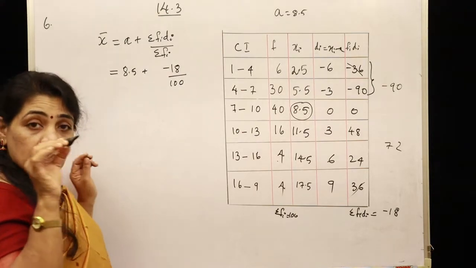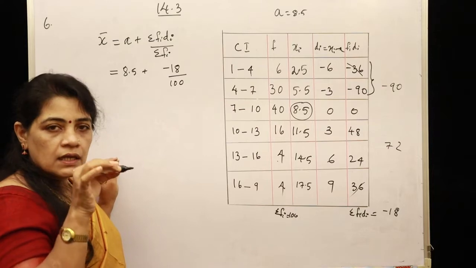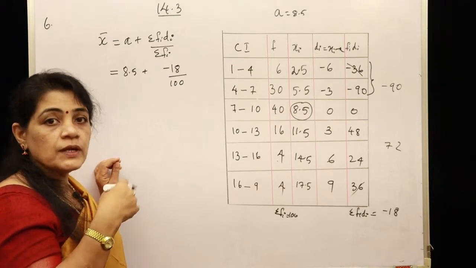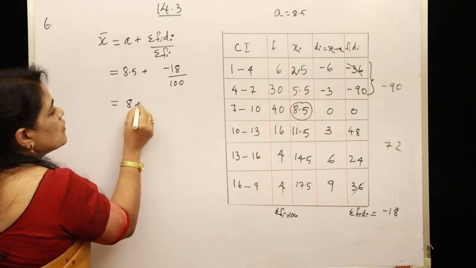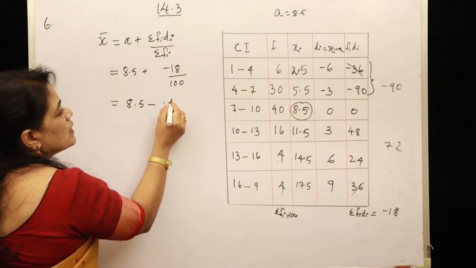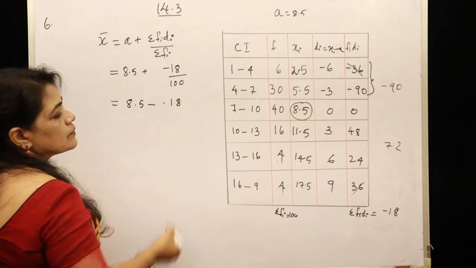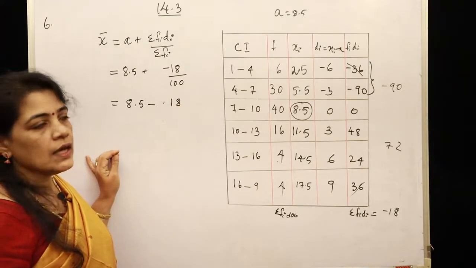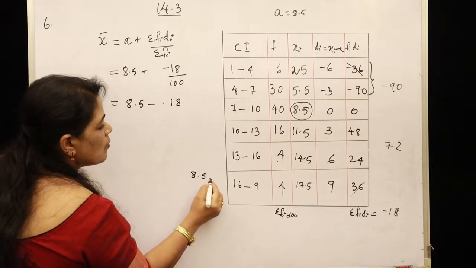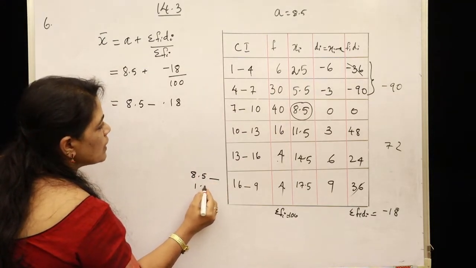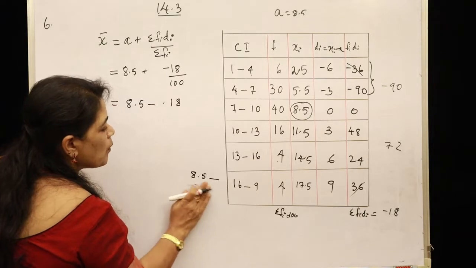If you are dividing any number by 100, you shift the decimal point to the left by 2 places. So 8.5 minus 0.18.